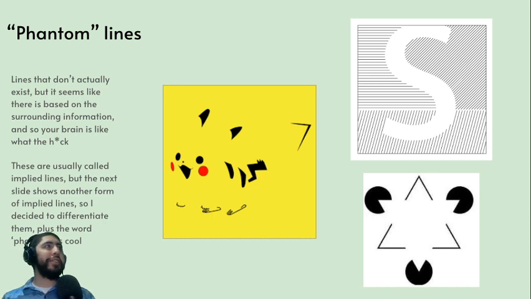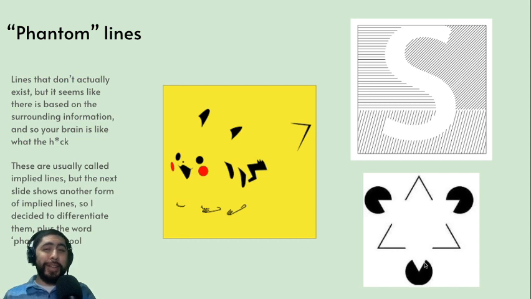Phantom lines. Okay, so there's this concept called implied lines. There's two different versions of this, but for simplicity's sake, I'm calling this phantom lines, where, for example, you could tell this is Goku. No, I'm just kidding. I know it's Pikachu. This is Pikachu, right? Even though we don't have the outline of their form, we have this illusion of this triangle.